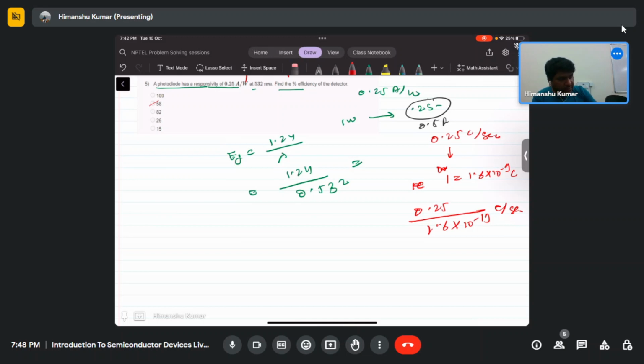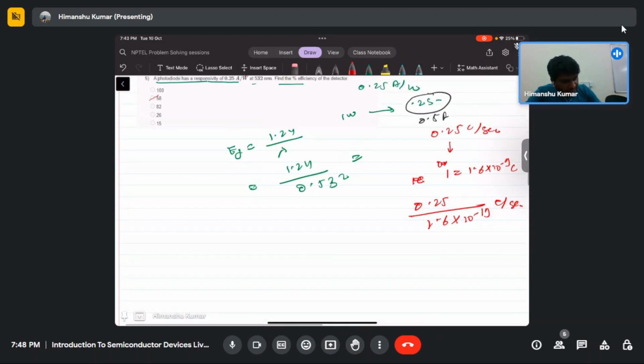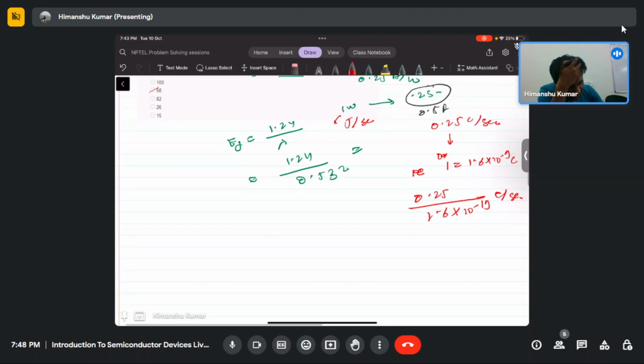Let's say this 1 watt is there, so these are joules per second. The energy of one photon is 1.24 divided by 0.532, which will be 2.5 electron volt.